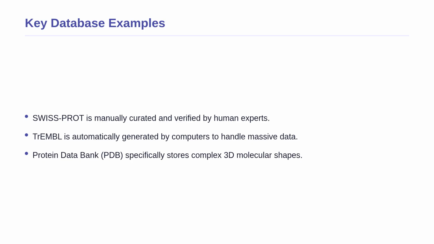Because new biological data floods in faster than humans can review it, TrEMBL is automatically generated by computers to handle the massive volume. Finally, there is the Protein Data Bank, or PDB. Unlike the others, PDB specifically stores the complex three-dimensional shapes of these molecules, which is vital for understanding how proteins physically interact.